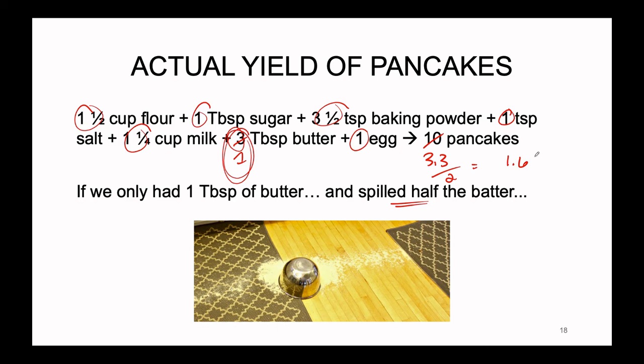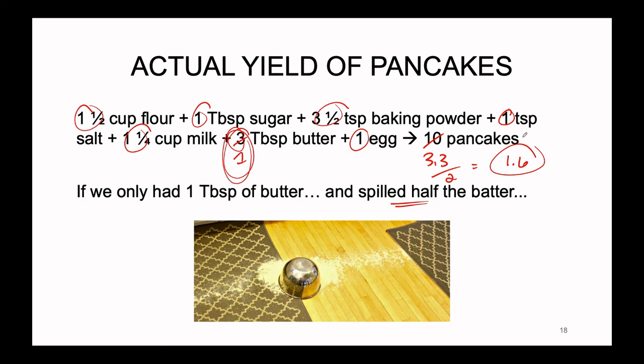It's going to be around 1.6, 1.5, a little bit over 1.5 pancakes, but that's going to be it. So if you were honestly hoping to make 20 pancakes one day and you only ended up being able to make 1.6, I'd chalk that up to being a bad day. But again, sometimes things just happen in the lab and sometimes you don't have everything that you need, or even if you do, mistakes happen.